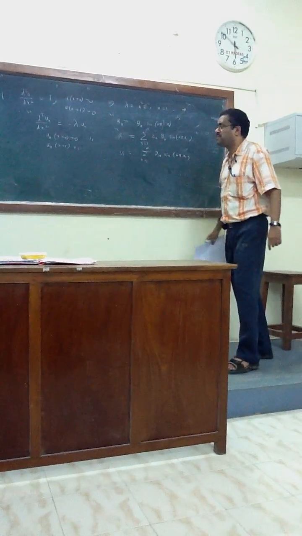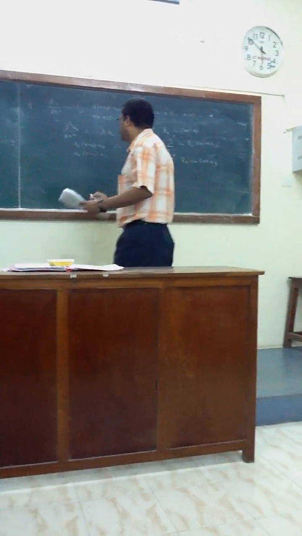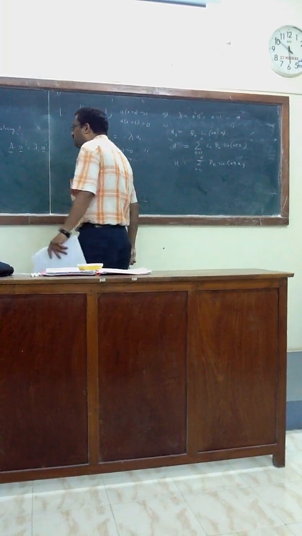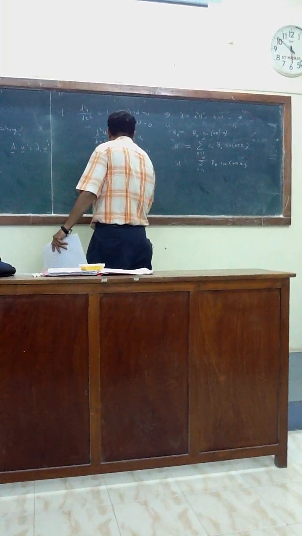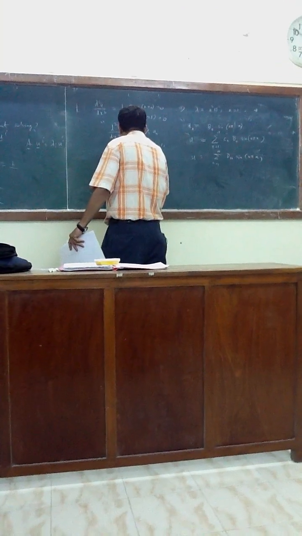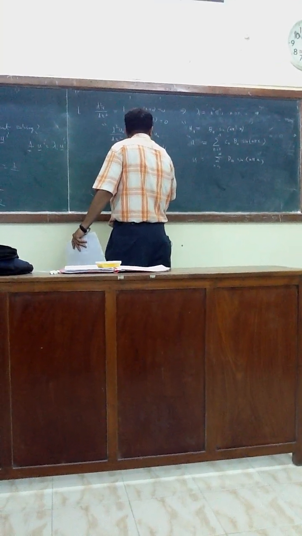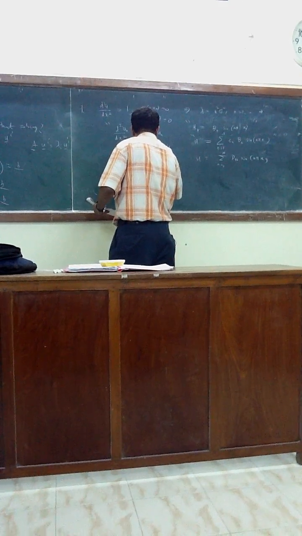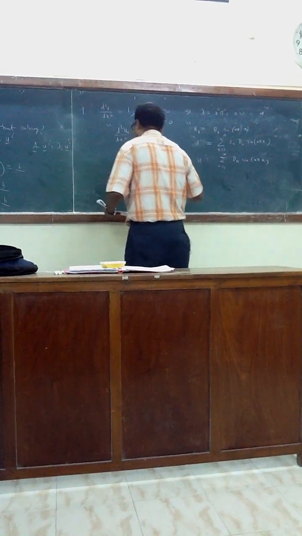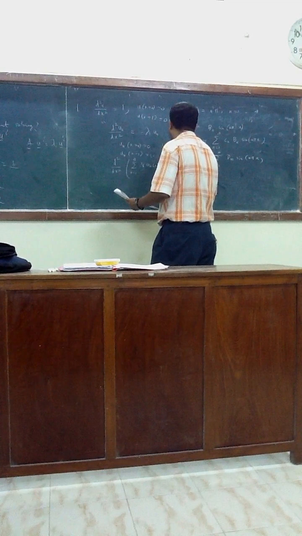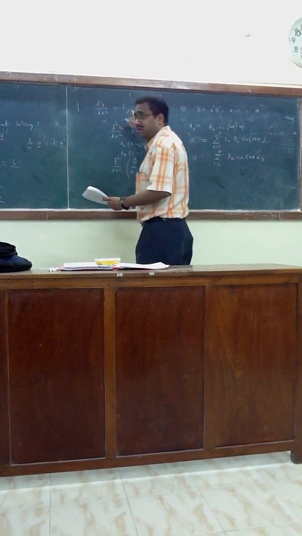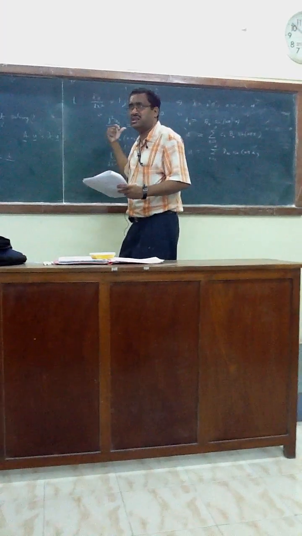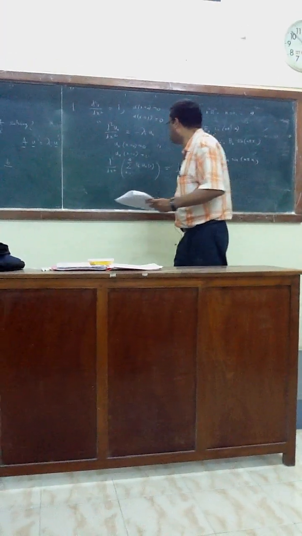What's the next step? d2 by dx square, summation n equals 1 to infinity dn, or you can write cn unx if I want to write very carefully, equals 1. I am just exactly following the same procedure, not doing anything extra. Next step.